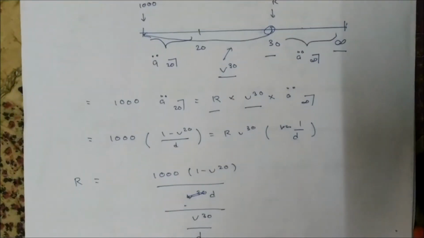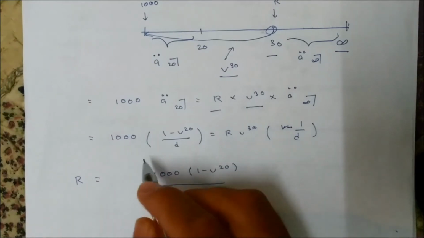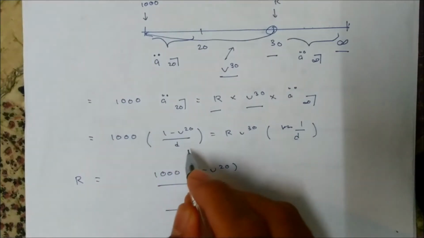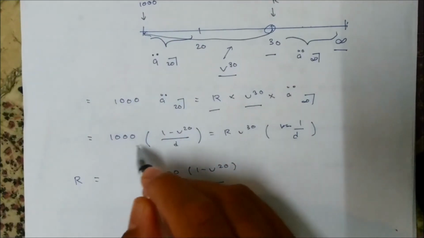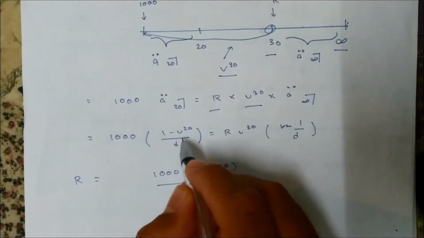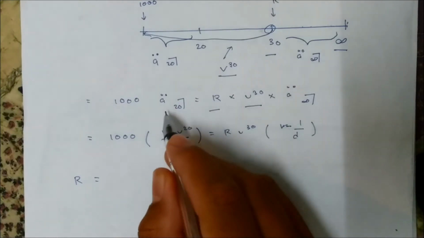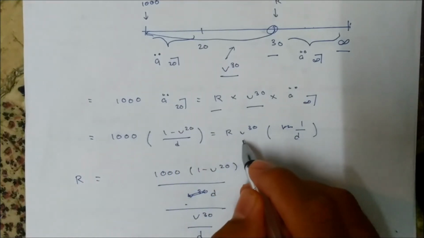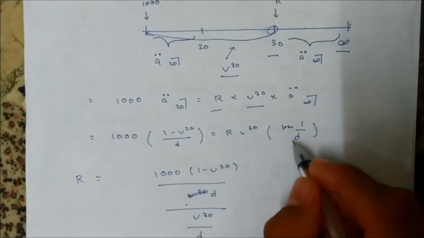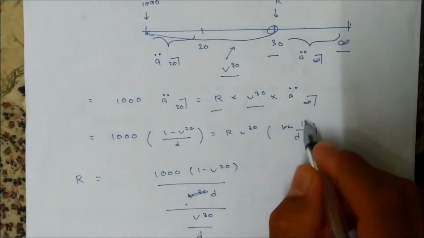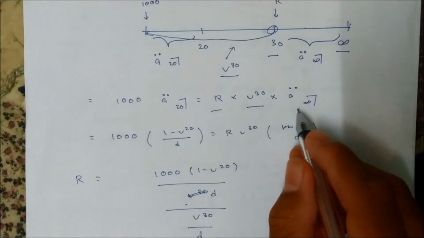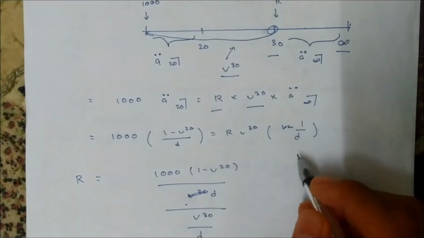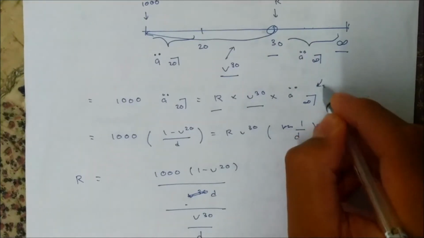So our equation is going to be like this: 1000 times (1 minus V to the power of 20) over d, since we are using the double dot angle formula, equals R times V^30 times 1 over d, which is the formula for A double dot angle infinity, because this is the concept of perpetuities.